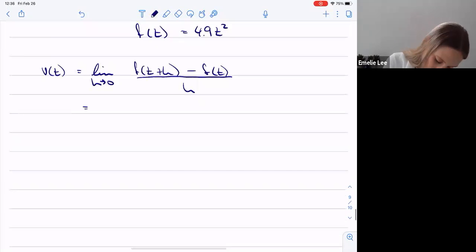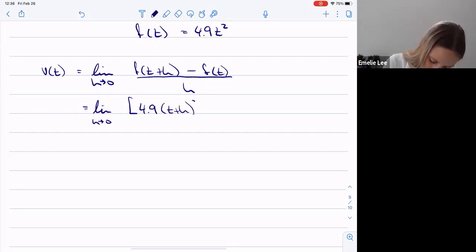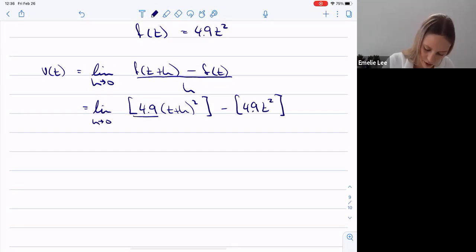So this becomes the limit as h goes to 0 of 4.9 times t plus h squared minus 4.9 t squared over h.